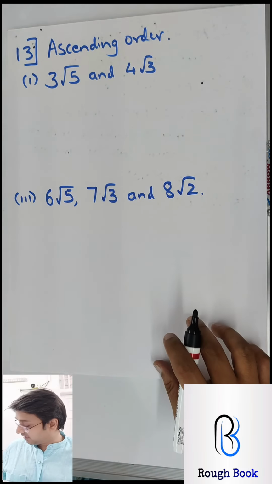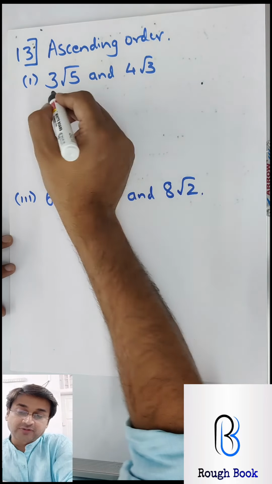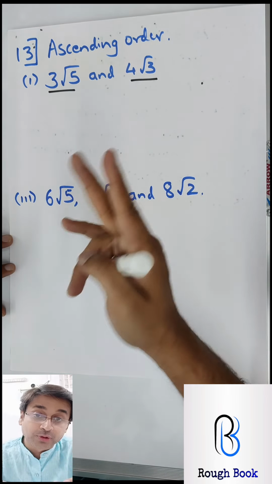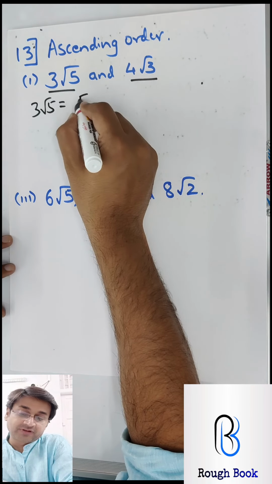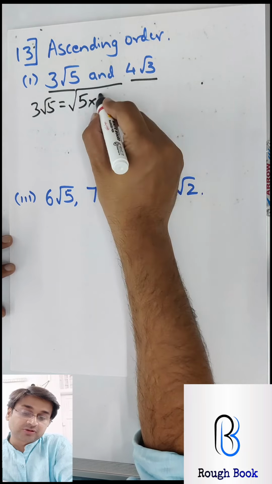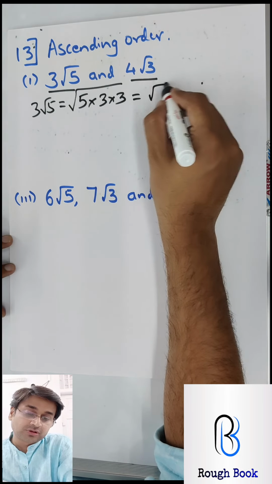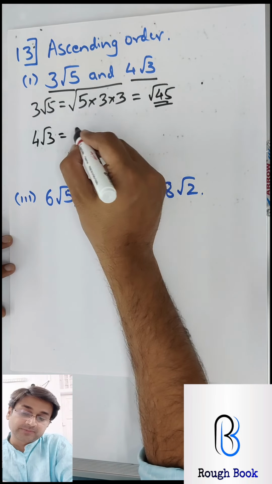This is sum number 13. They say put it in ascending order. So you have to take these both, mixed surds, and convert to pure surds in order to compare. So 3 root 5 will become root 45, with 3 going inside the root, so it will be squared because it's a square root. So 9 into 5 is root 45. Likewise, let's take the second one, 4 root 3.